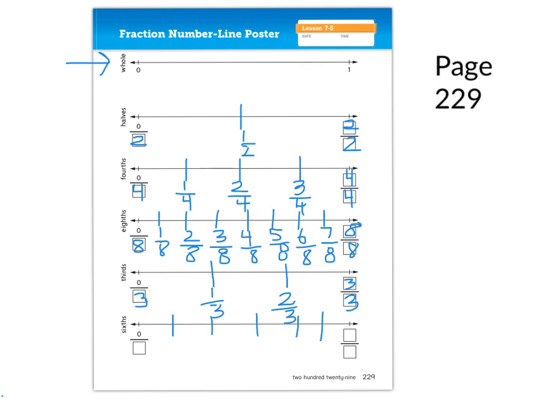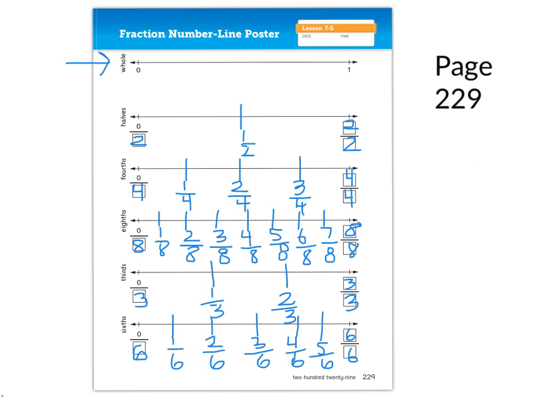Okay, so we have 0/6, 1/6, 2/6, 3/6, 4/6, 5/6, and 6/6. All right, looks pretty great.